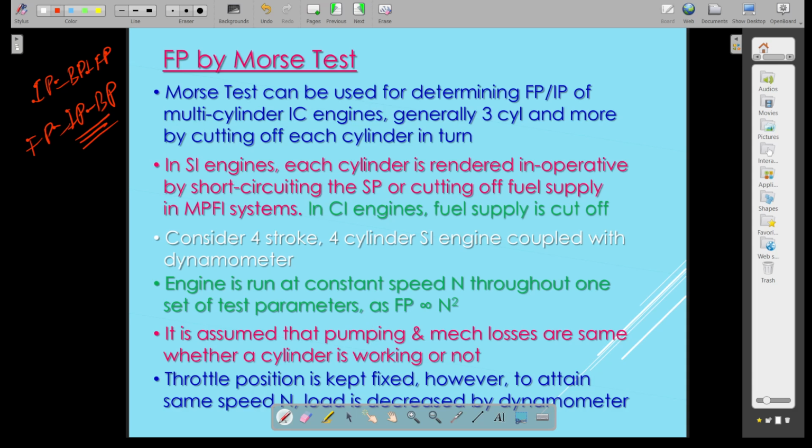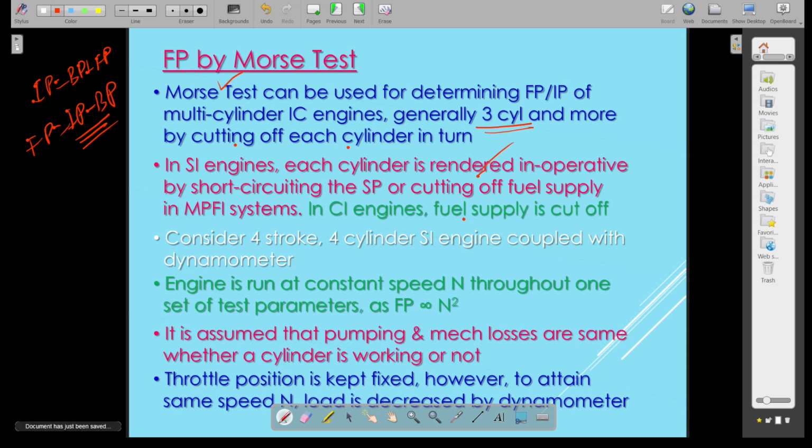इसमें हम क्या करते हैं? So what we do here in the Morse test. Generally it is carried out if you have three or more cylinders. We are cutting off each cylinder in turn.